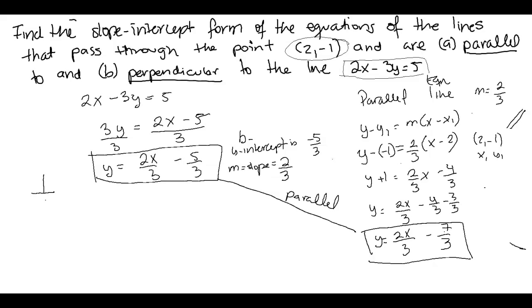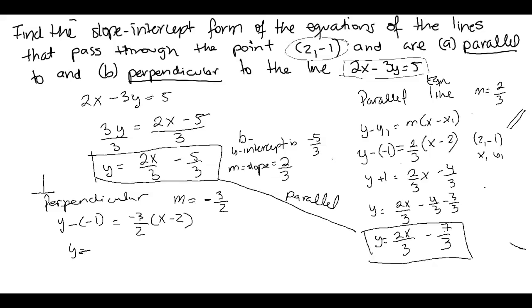Now I'm looking for a perpendicular line. It's a very similar process, but in this case my slope is going to be the negative reciprocal, so it's going to be -3/2. I once again have to use the point-slope form, so I have y minus -1 equals the slope -3/2 times x minus 2, so I have y plus 1 equals -3x over 2 plus 3.